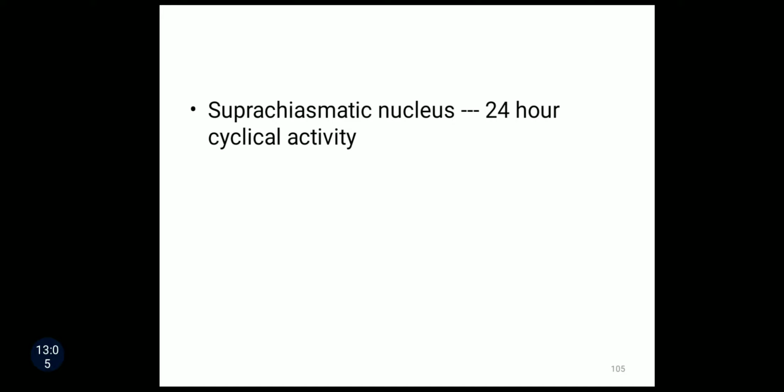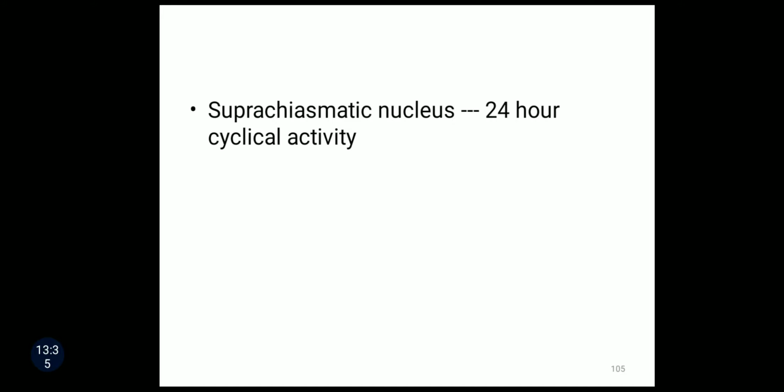The regular recurrence of physiological processes or activities which occur in a cycle of 24 hours is called circadian rhythm. This is mainly controlled by a nucleus called the suprachiasmatic nucleus. The suprachiasmatic nucleus regulates circadian rhythm.